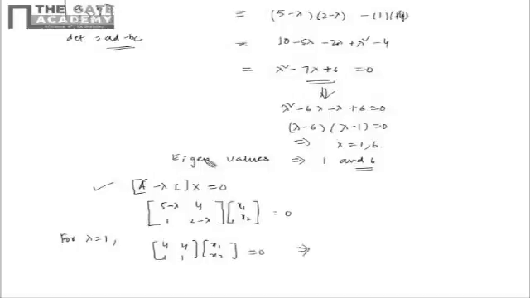So this is just a set of simultaneous equations which I can expand and write in this form. 4x1 plus 4x2 is equal to 0. x1 plus x2 is equal to 0. If you just divide the first equation by 4, it represents the same equation. So let x2 be k and therefore x1 will be minus k. So the eigenvectors are minus k and k.